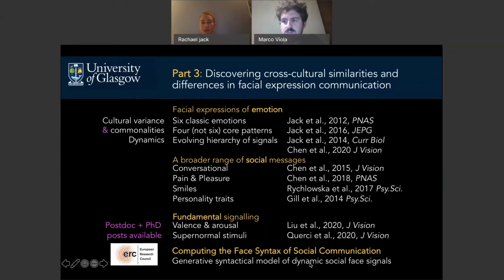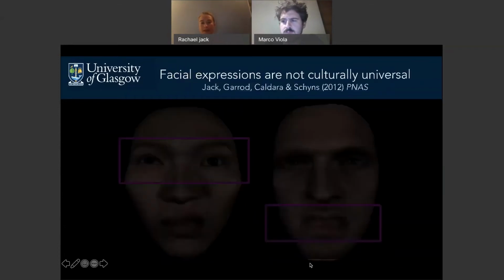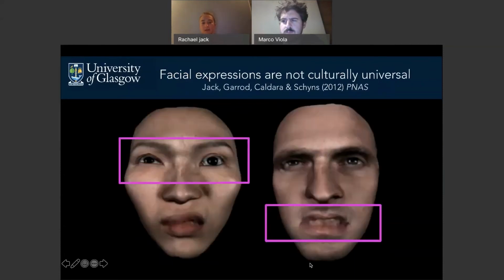Okay, so the first study is looking at cultural variance. This was a study that we did in 2012, where we modelled facial expressions of the six basic emotions, six classic emotions in East Asian culture and Western culture. And what we found is that there is a lot more expressivity or expressive variance in the eyes in the East Asian models.